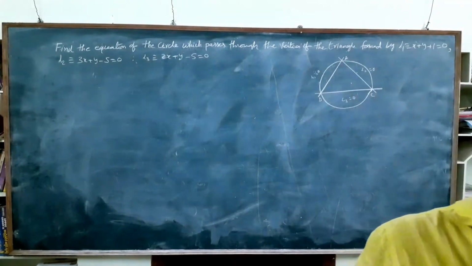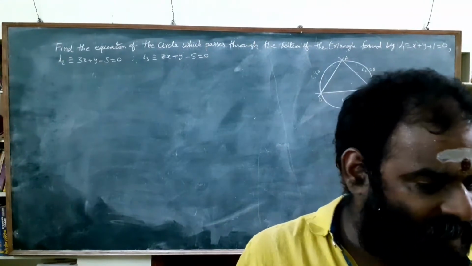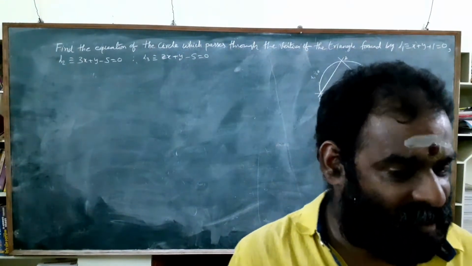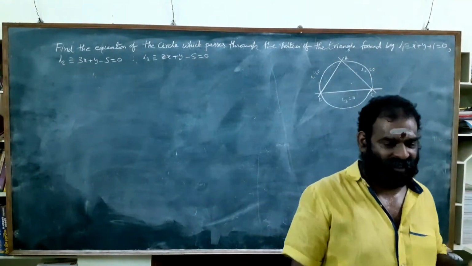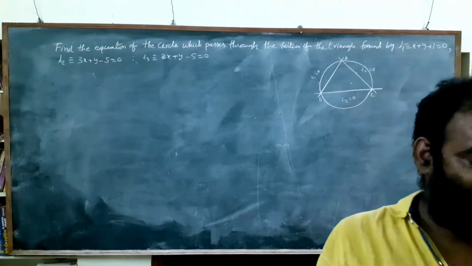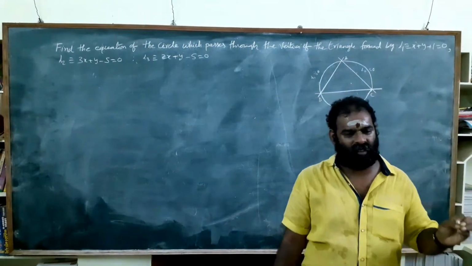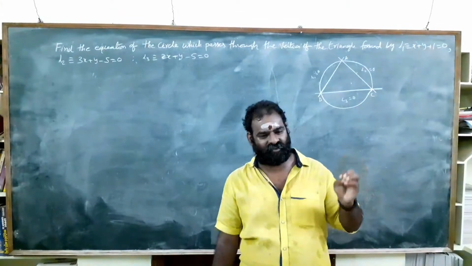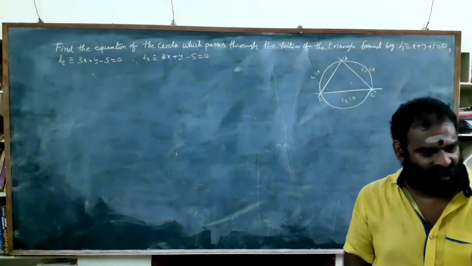If three points on the circle are known to you, then it is very easy to find the equation of a circle, as discussed in the previous modules. Let the equation of the circle be x square plus y square plus 2gx plus 2fy plus c equal to 0, and call it the fourth equation.